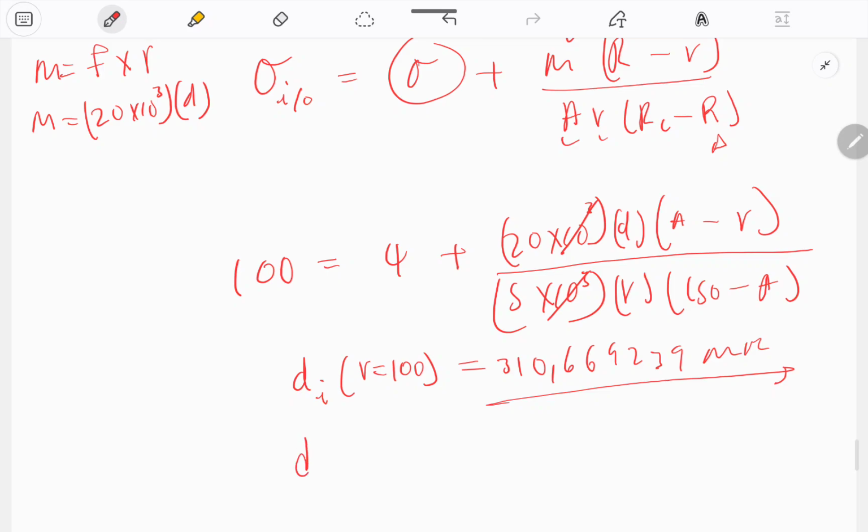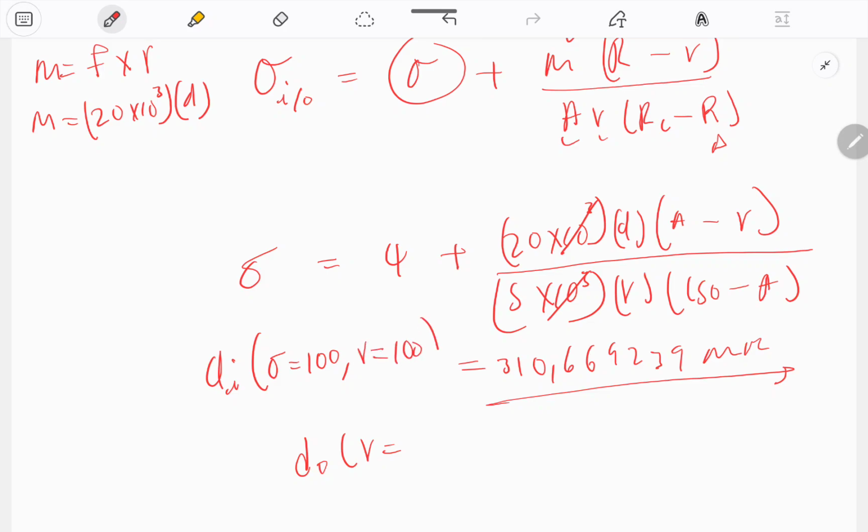So I'm going to do it again. I'm going to find D outer. Now my R, I'll set it on the very same equation, but now this guy will change, right? Suppose this is a function of 2 parameters. Let me make this one a sigma, so that I can write something proper. D i, now sigma is equal to 100 here, and what else am I setting? I'm setting R 200. Good.